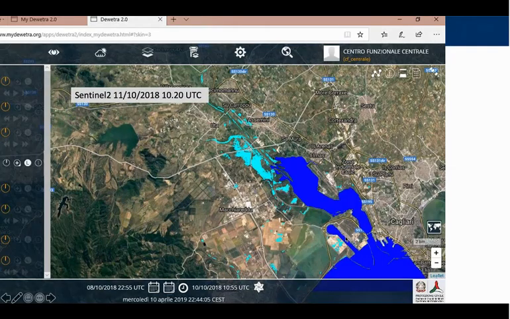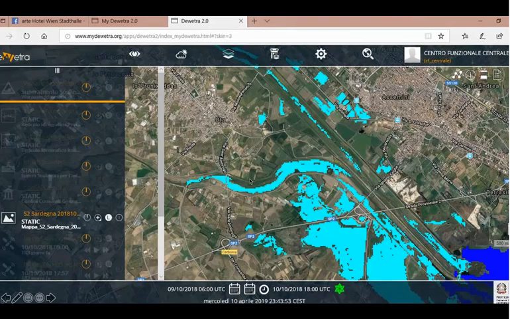To close the cycle of risk management, I provide here also the flooded area monitored by Sentinel-2 products. And this is the zoom on the part, and this is how we work.